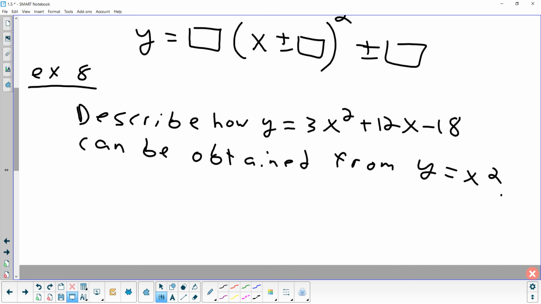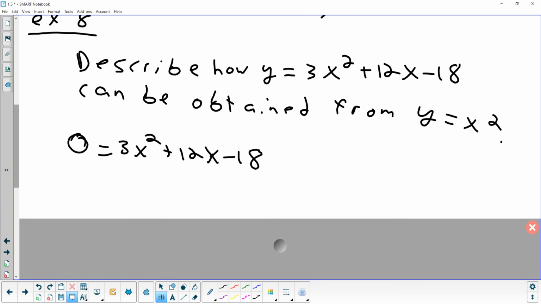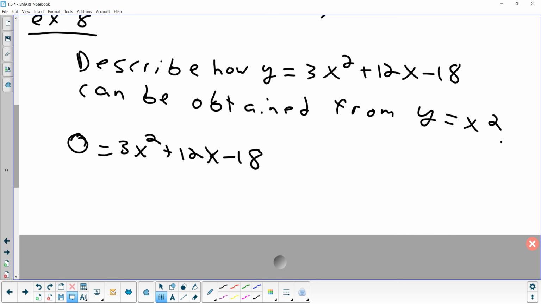All right, so first thing we're going to do is put everything on one side of the equation. That's usually how it starts if it's in ax squared plus bx plus c. And we're just going to replace y with 0, so we're setting it equal to 0. The second step is to put the constant on the other side. In this case, what's the constant?